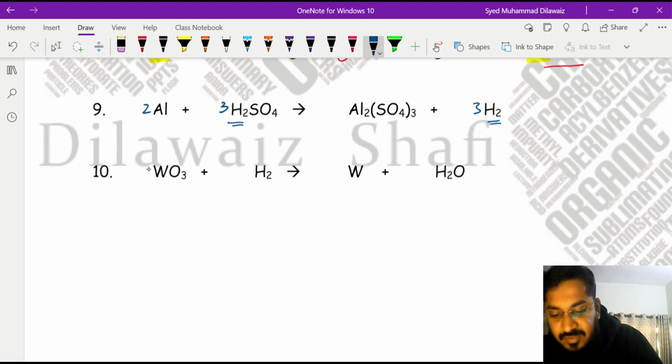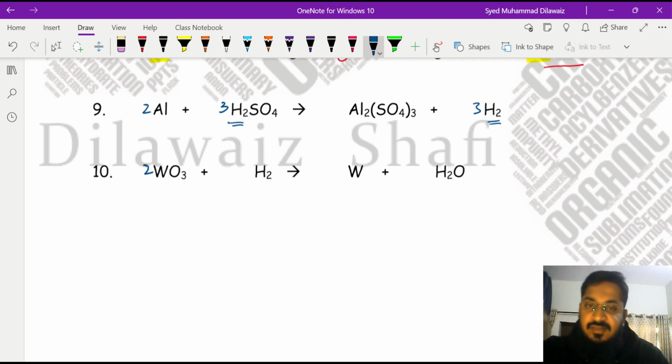I have figured it out. If I put 2 beside tungsten trioxide, that makes it 6 oxygen rather than 3 oxygen atoms. So you need to put a number before tungsten to get it balanced on the right as well. So we put 2 on the right, and that makes tungsten completely balanced.